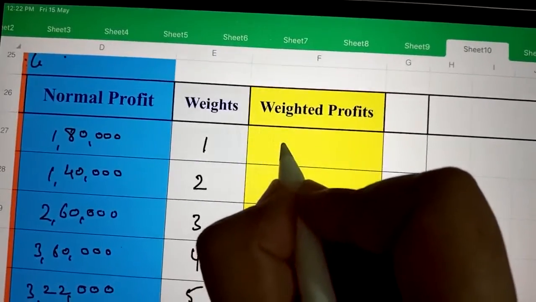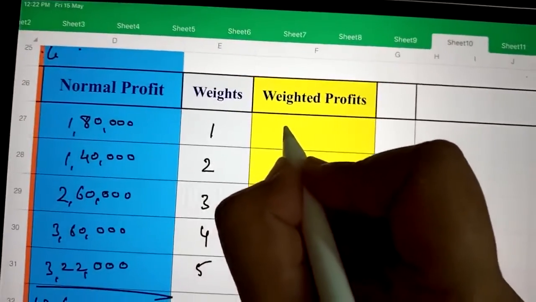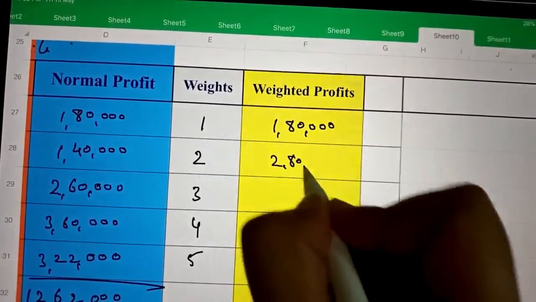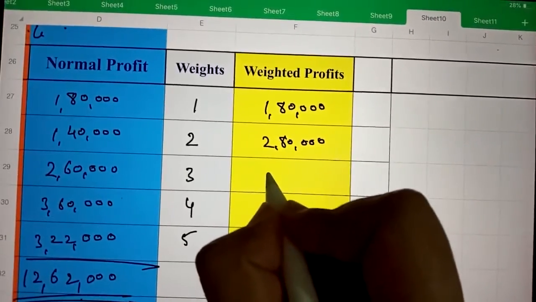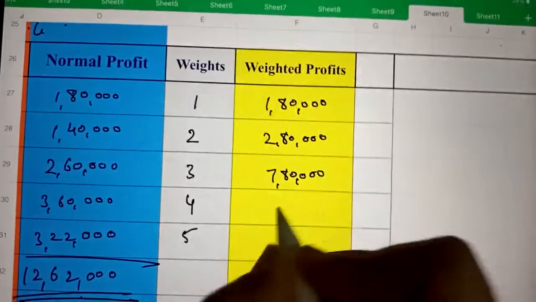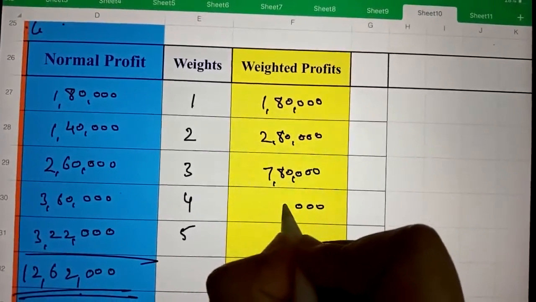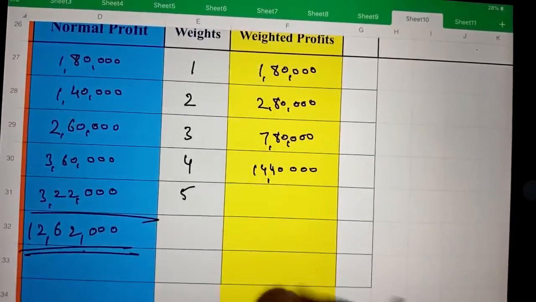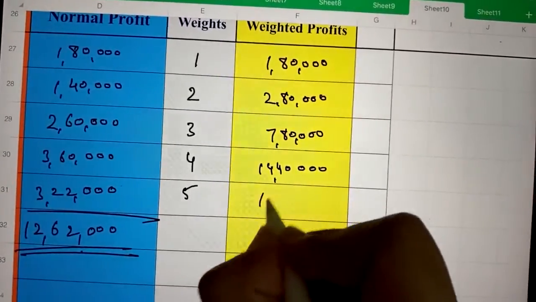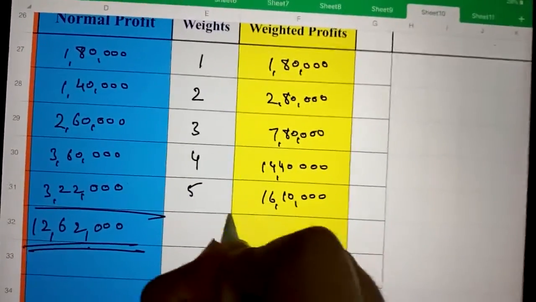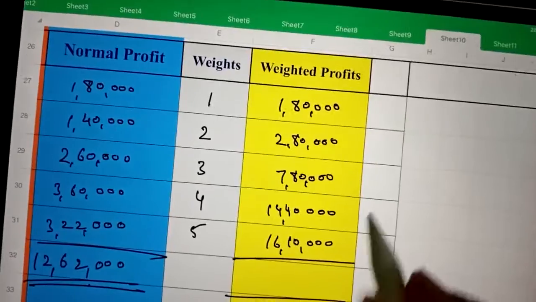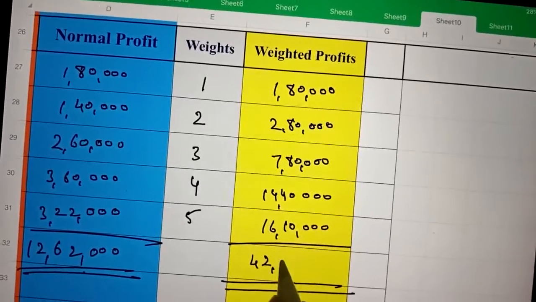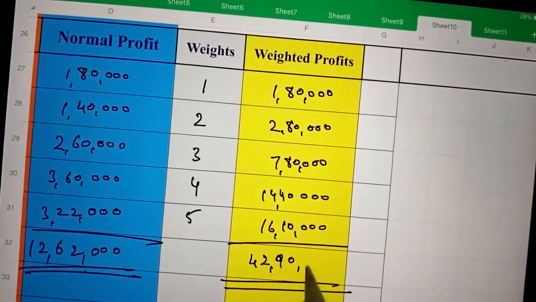It comes normal profits 1,80,000 multiplied by 1, then it comes 2,80,000, 7,80,000, and it is 14,40,000, and the last is 16,10,000. And the total of weighted profits is 42,90,000.